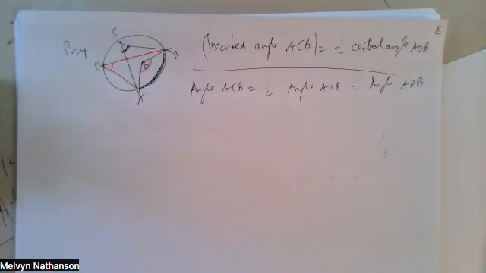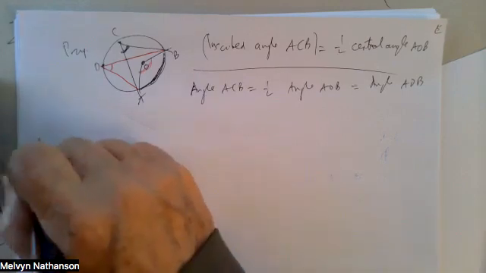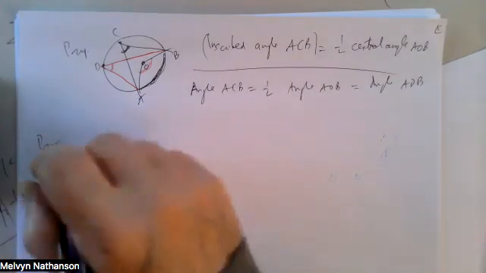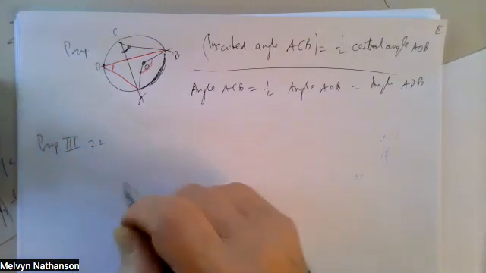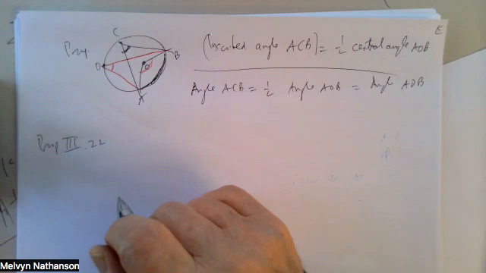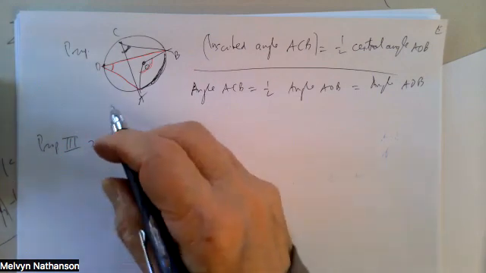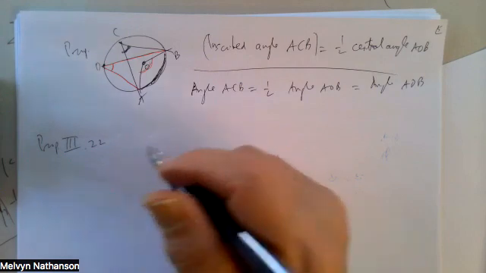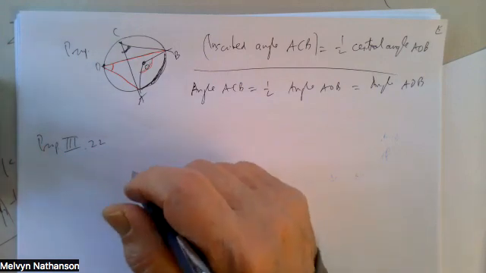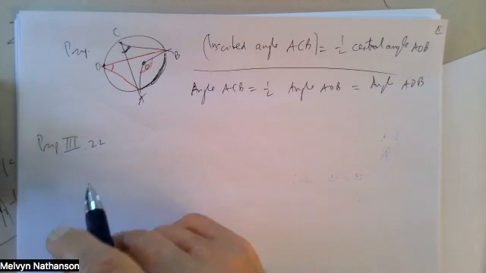So that's a proof that all inscribed angles that cut out the same arc are equal. And you don't need to remember the proof of this, though it's nice to study, but we need that fact to prove Proposition 322, which says that the opposite angles of quadrilaterals in circles add up to 2 right angles.